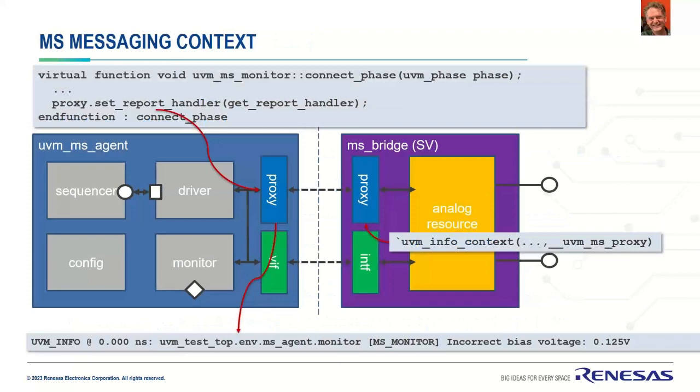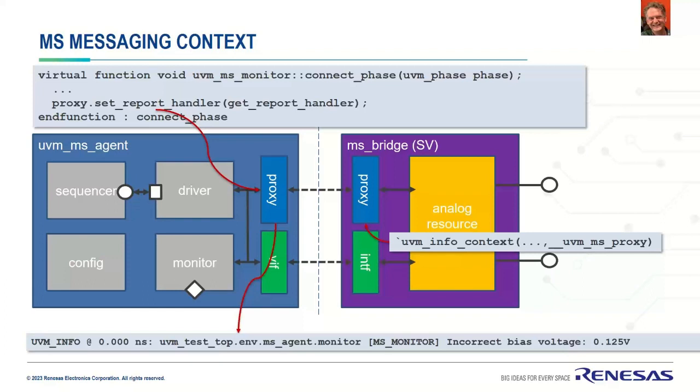Once we've done that, we can have some decent control, and we can switch messaging on and off and increase and reduce verbosity on a component basis, as we can in the rest of UVM. So here we're showing how this setup works. During the connect phase of a monitor, which has a handle to the proxy, we call set report handler for the proxy to this dot get report handler, so the report handler of the enclosing UVM-AMS monitor in this case.